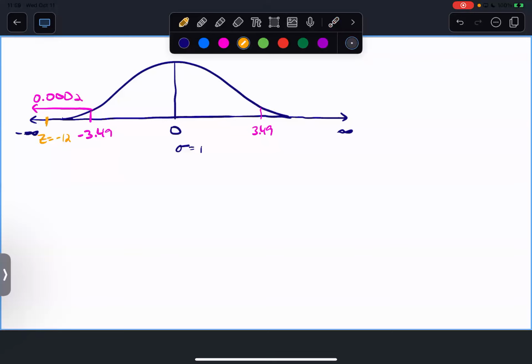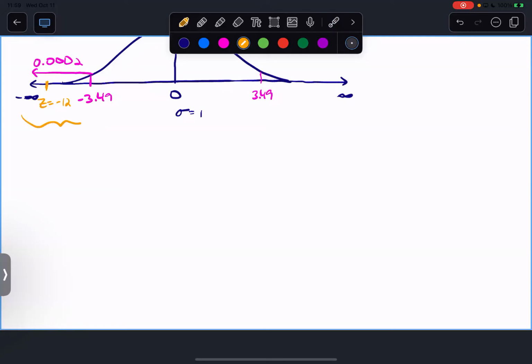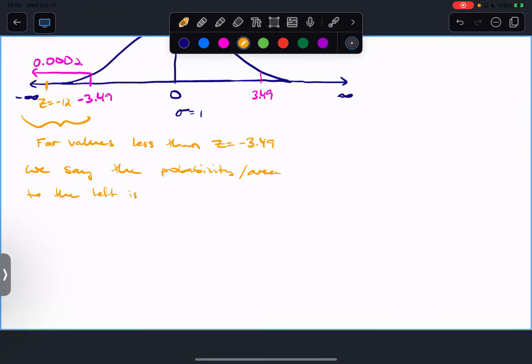Okay, and so here, for values less than Z equal to negative 3.49, we say the probability, slash area to the left, is less than 0.0002.